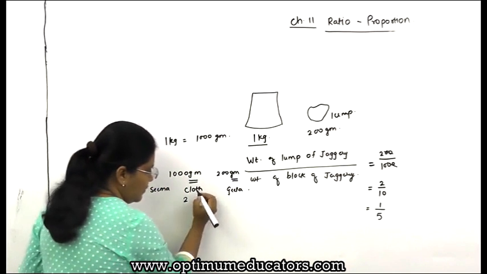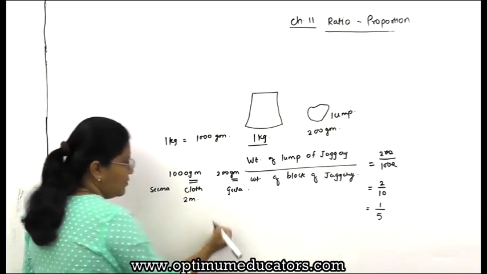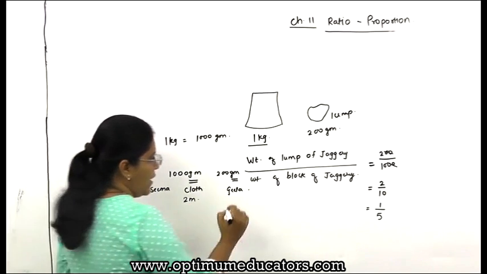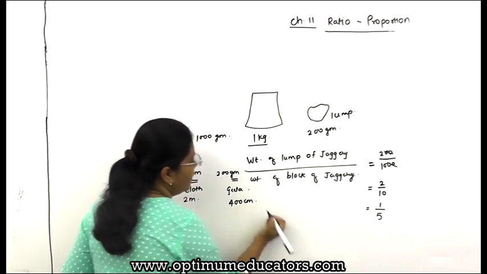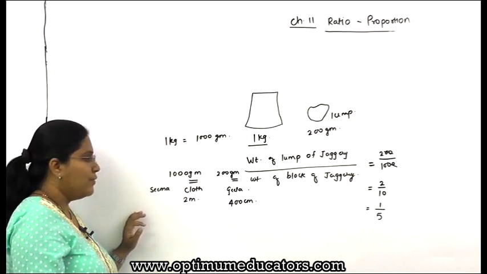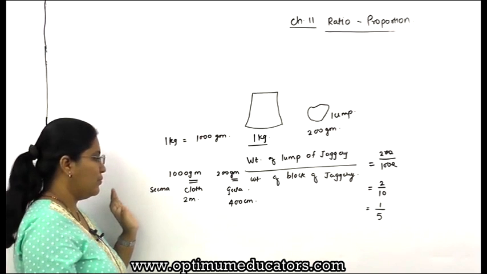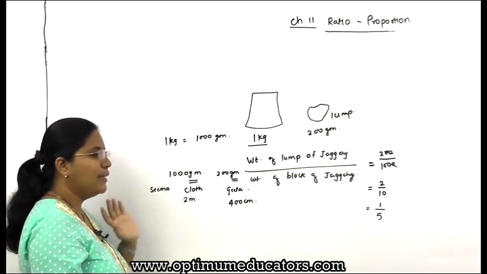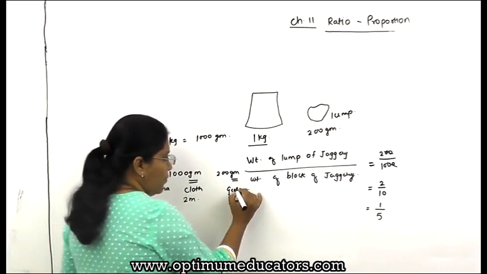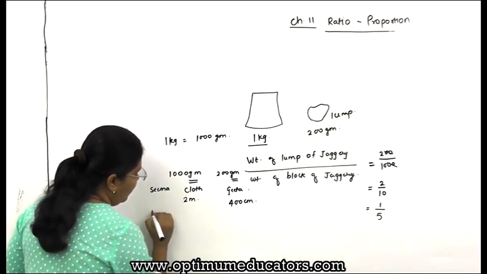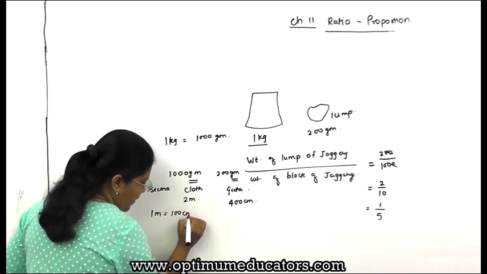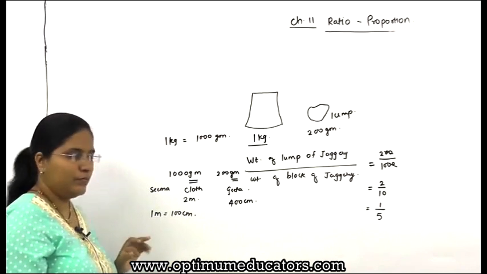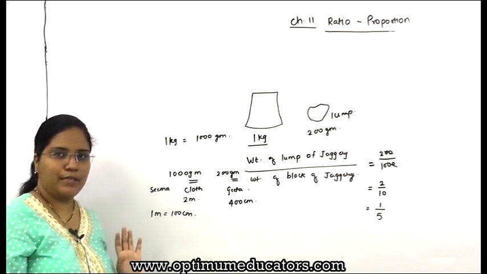Seema has 2 meters of cloth and Geeta has got 400 centimeters of cloth. Find the ratio of cloth between Seema and Geeta. Now what do you know? First of all, 1 meter is equal to 100 centimeters.